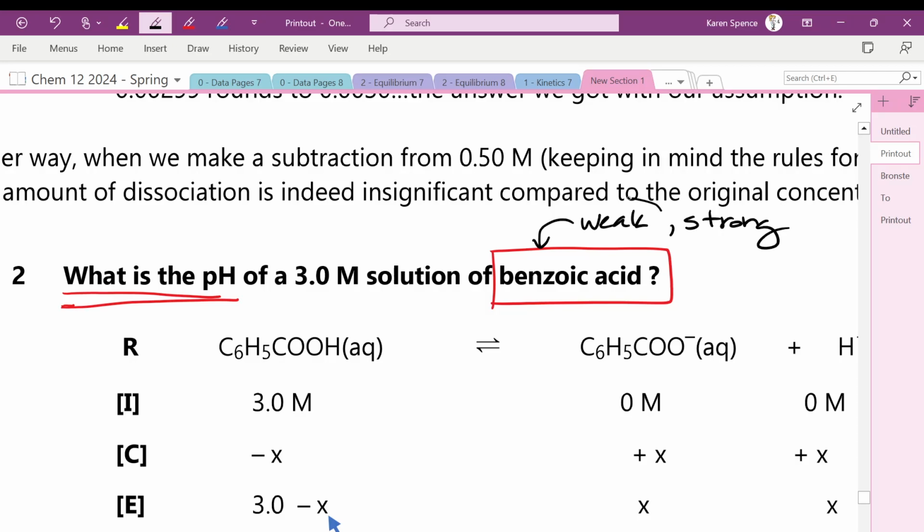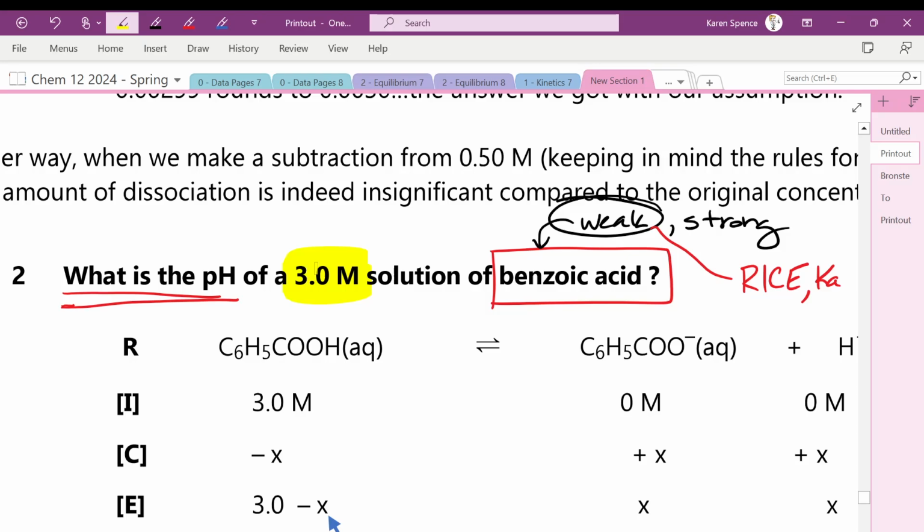It is weak. And then once you have determined it is weak, what do you know you should use? You should use a rice table, and not just rice, but also Ka. Rice and Ka. Excellent. And what do you know about this 3.0 molar?